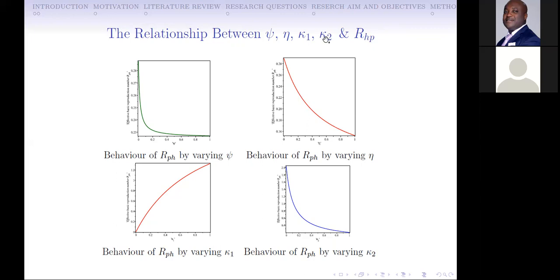K2 represents the rate at which the exposed class progresses to hospital.